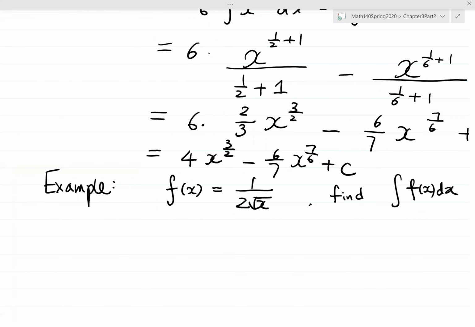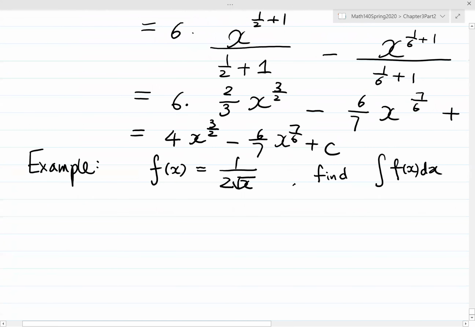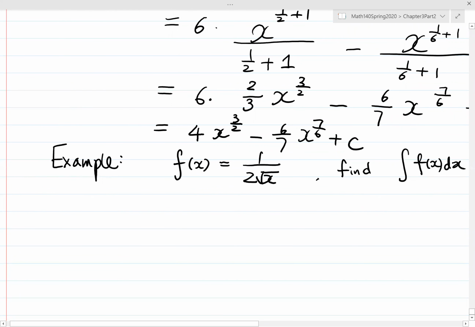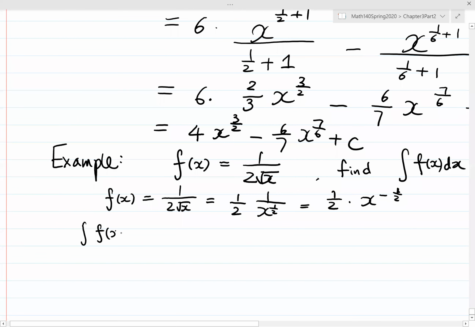The only tool right now to find the antiderivative is the power rule. So f(x) is 1 over 2 square root of x. You write it as 1 over 2 x to the power 1/2. This is 1/2 times x to the power negative 1/2.